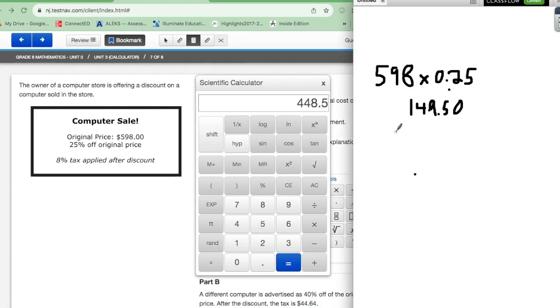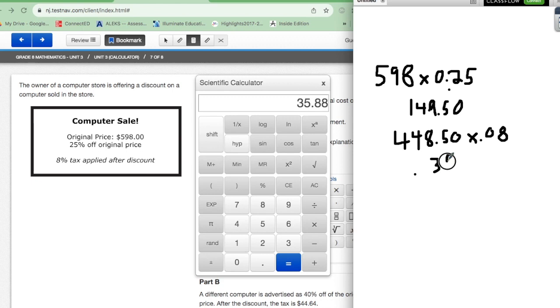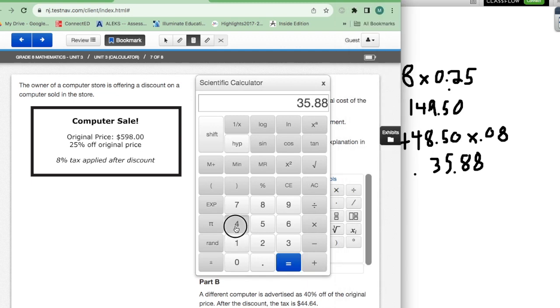So I'm actually going to pay 448.50. Now there's a tax of 8%. So times 8% is 35.88. Okay, so I have to add that to the 448.50.